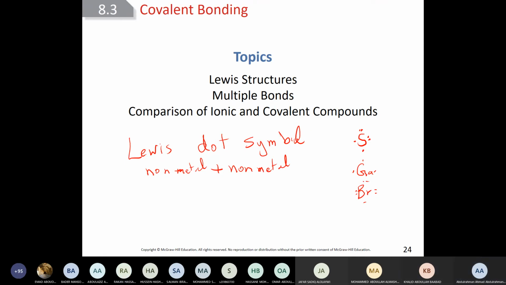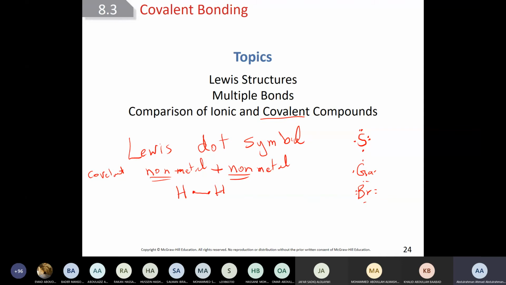No. Non-metal with non-metal: covalent bond. Now, when hydrogen comes with hydrogen, they will make a covalent bond like this. And they will have only 2 electrons in between them, and they cannot take more than this.